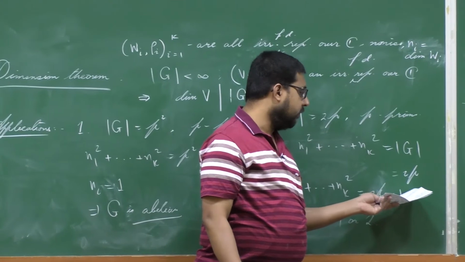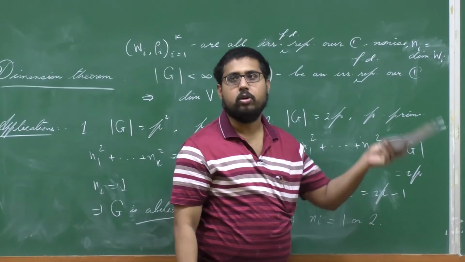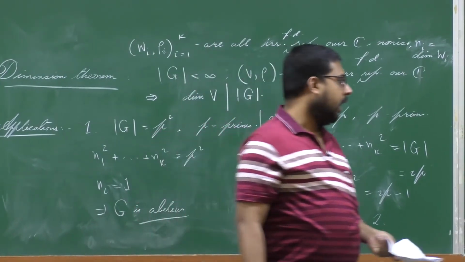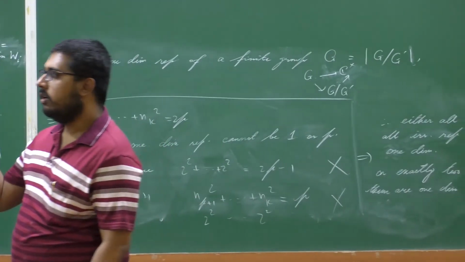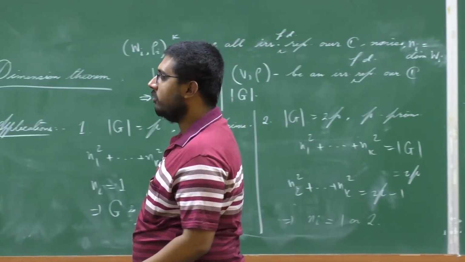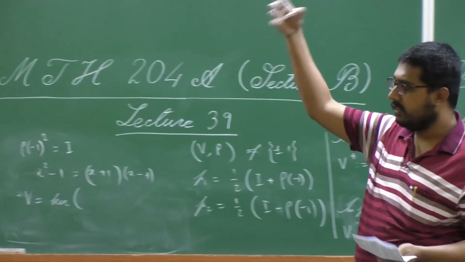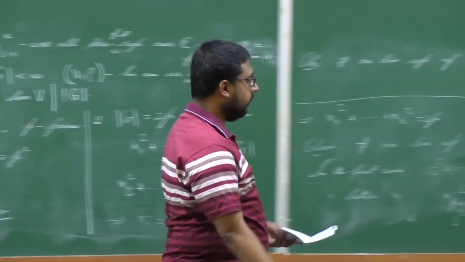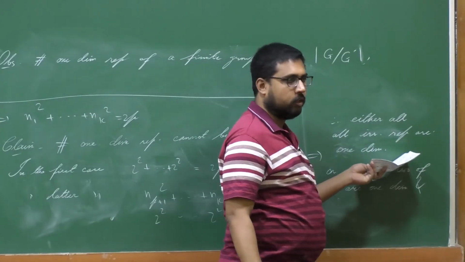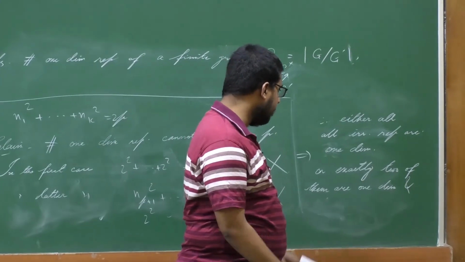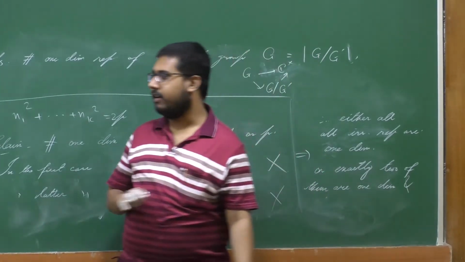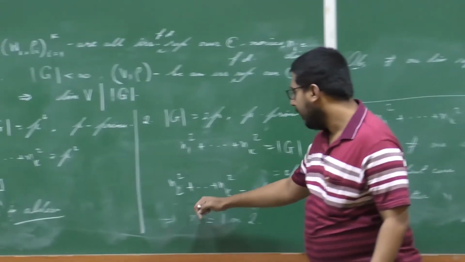In this case there are only 4 divisors of the order of G, namely 1, 2, p and 2p, and from that we see this cannot be 1 or p. So there are only two possibilities: either the number is 2 or the number is 2p. In the first case all irreducible representations are one dimensional, and in the second case 2 are one dimensional and the rest must be of dimension 2.